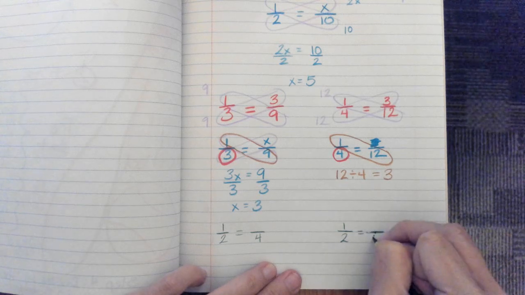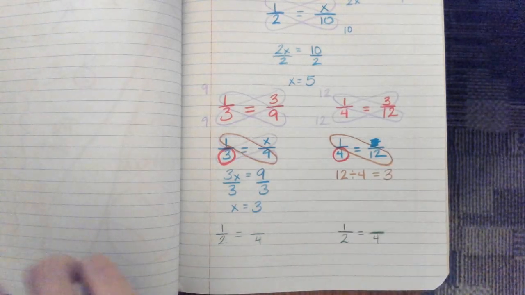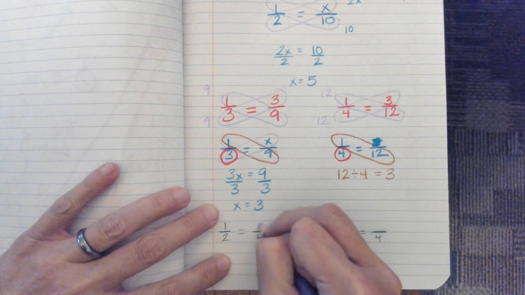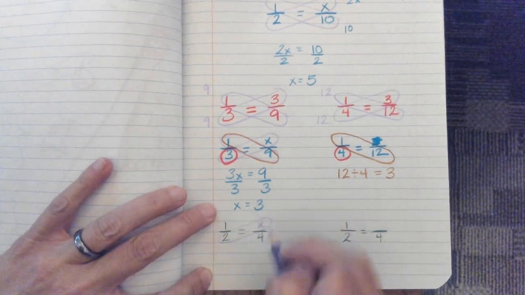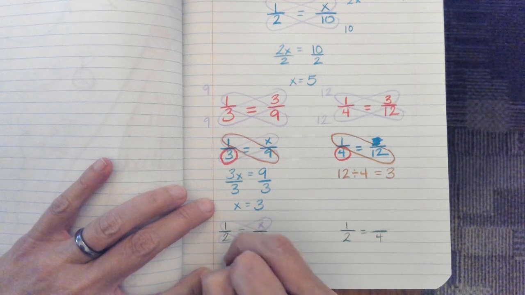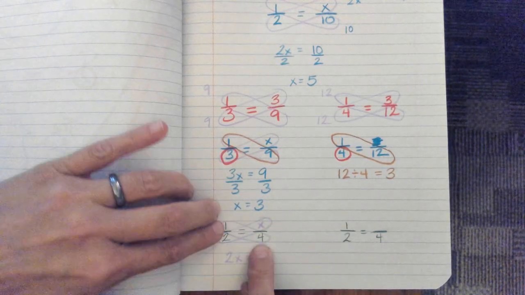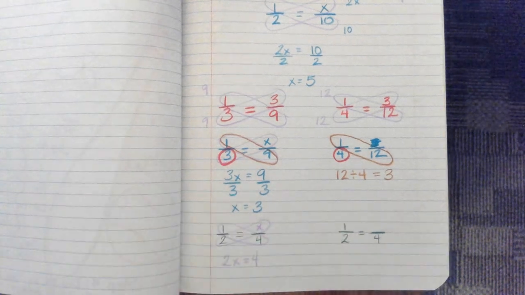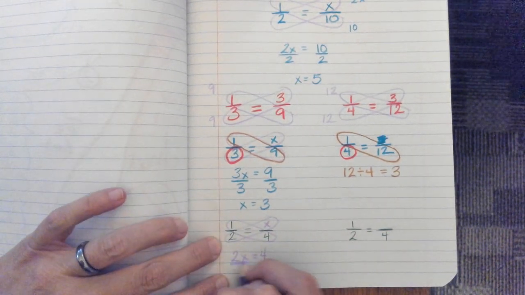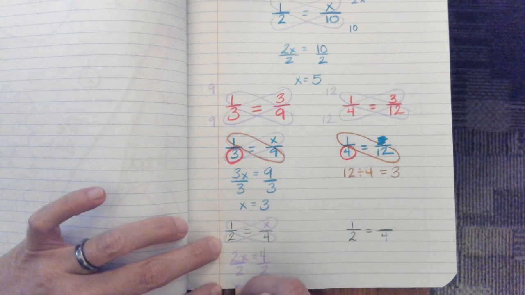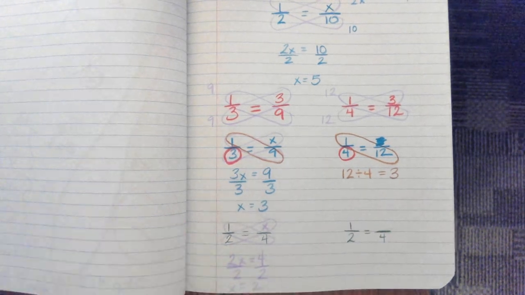So if I butterfly it, then I make this into an unknown number, and I'm like, well, 2 times some number equals 4. To figure out what that number is, I've got to divide both sides by 2. So whatever this number is, that x equals 2.